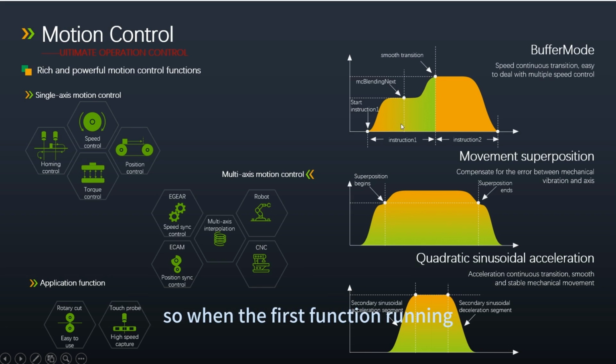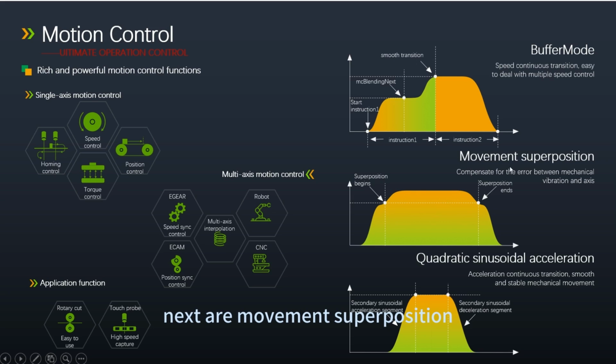So when the first function is running, if we execute the second function block, we can see the speed of the current motion will change to the speed of the next motion. So when the first motion finishes, we can start the second motion directly to get a smooth curve. And there is no waiting time between these two instructions.